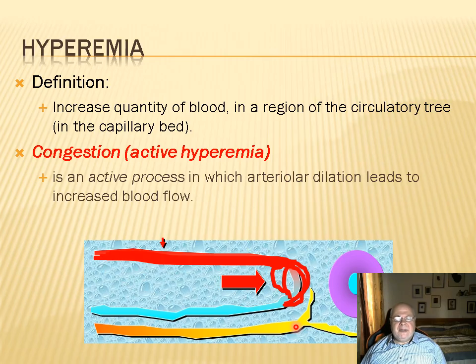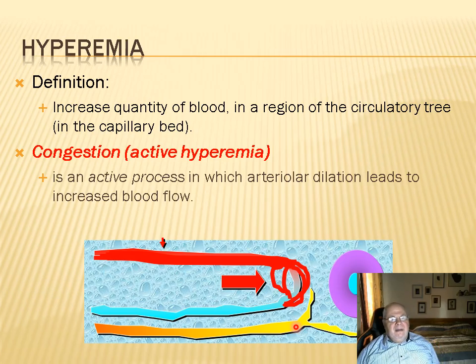After this small introduction, we start to study hyperemia. Hyper means a higher level, higher quantity, of emia, which comes from the Greek haima, which means blood. So by definition, hyperemia means an increase in the quantity of blood in a particular region or organ of the circulatory tree, in the capillaries.